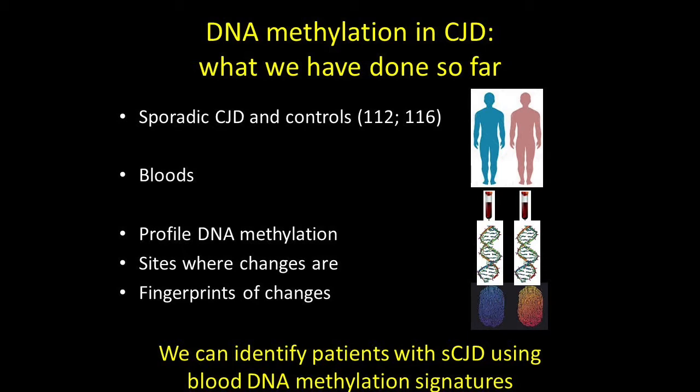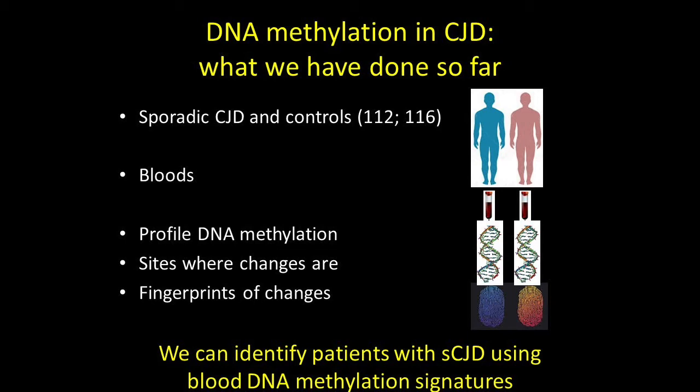We've taken bloods from patients with sporadic CJD and compared their DNA methylation profiles or signatures, so where these DNA methylation marks are on their DNA, to healthy individuals. And we identified a very novel signature or fingerprint of DNA methylation that is entirely specific to sporadic CJD.